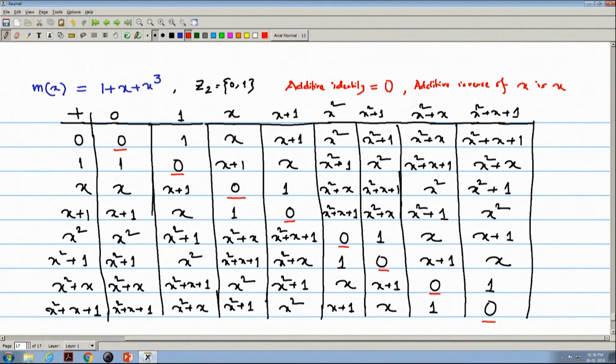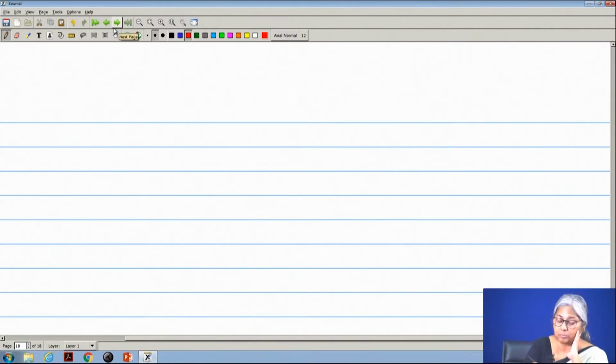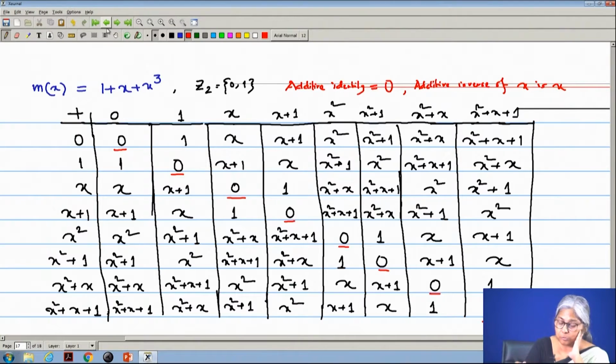So, under modulo mx addition, it satisfies all the properties.